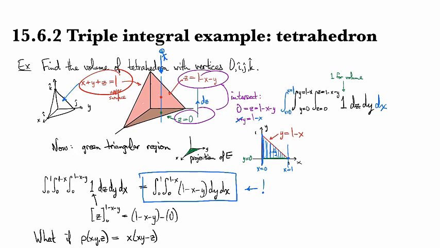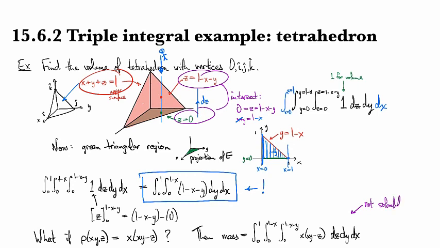Given by some formula like that, then the mass is going to be equal to the triple integral of this, and this cannot be solved as a double integral.